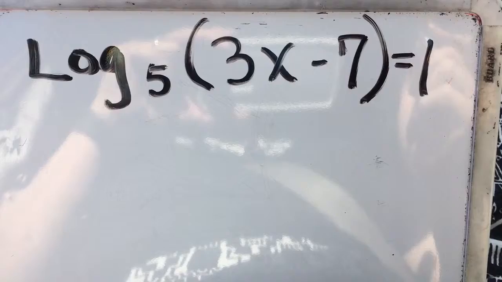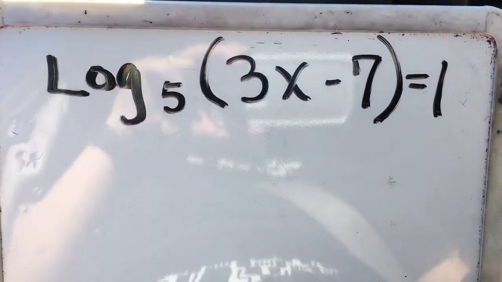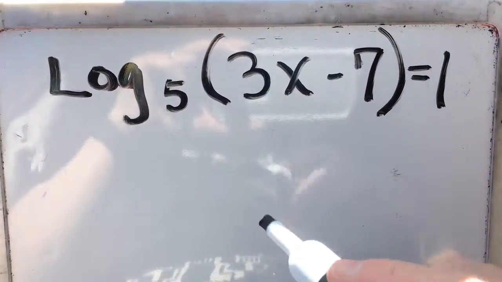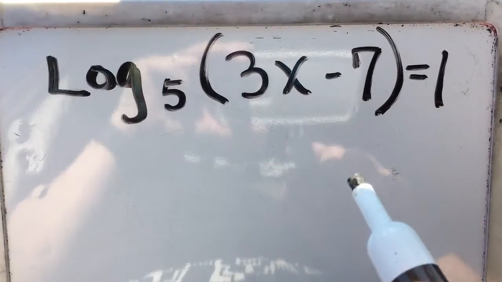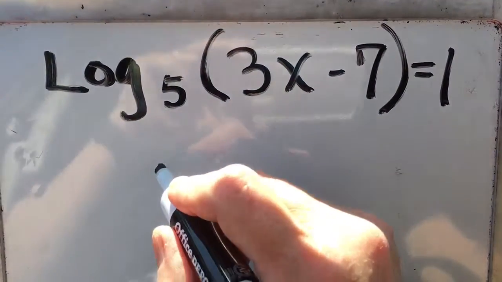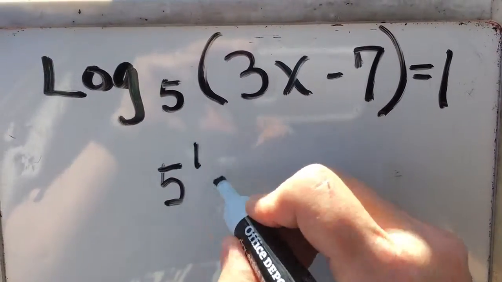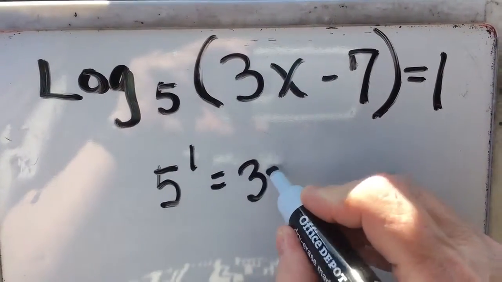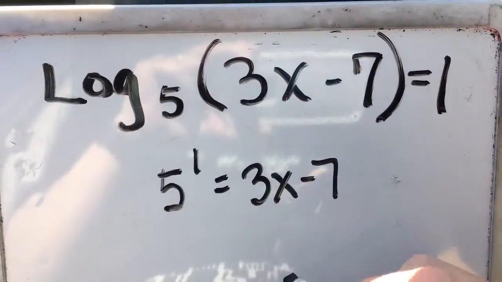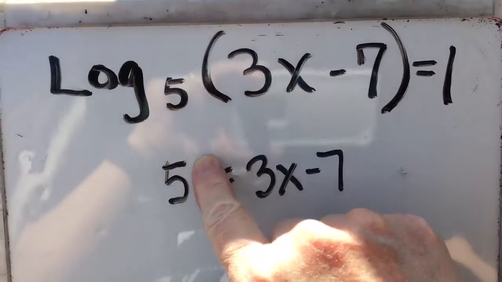All right, so problem number 7 on 5.5 is log base 5 of 3x minus 7 is 1. We're going to turn it around into its exponential form, which means 5 to the 1 is 3x minus 7. Okay, so 5 to the 1 is just a 5.